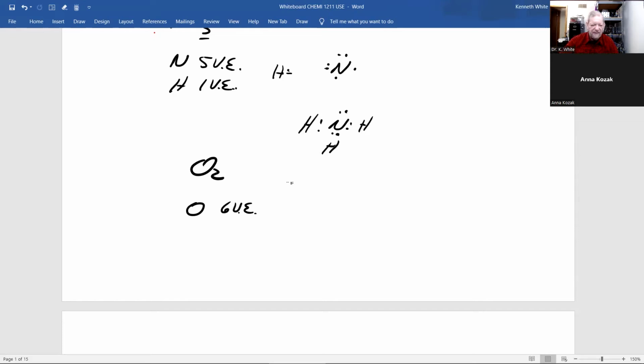Okay, my turn. Each oxygen has 6 valence electrons. Now, you don't have to draw this on a test like I'm doing, but I'm showing you the way to think about it. This oxygen has 2 single valence electrons. This oxygen has 2 single valence electrons.